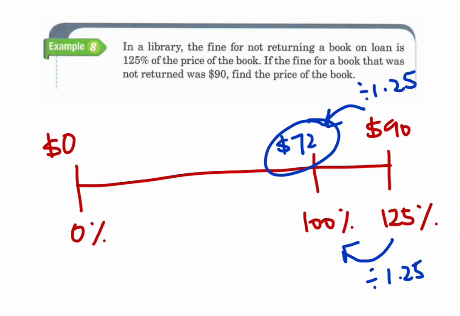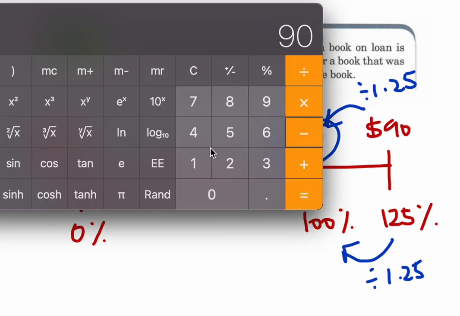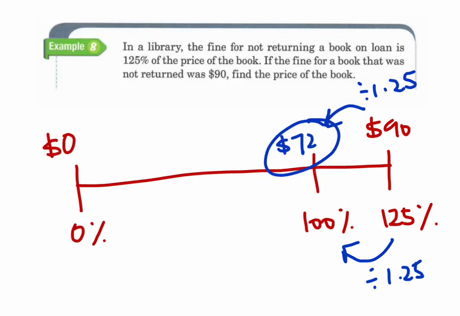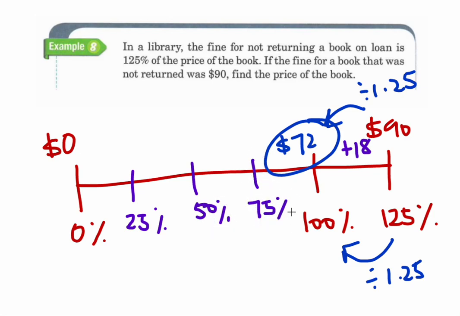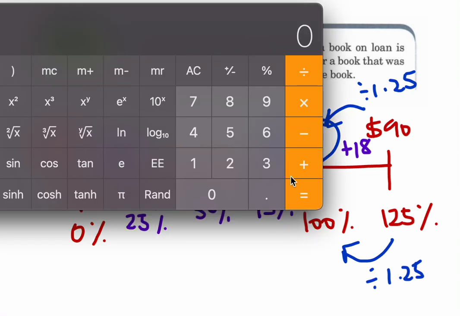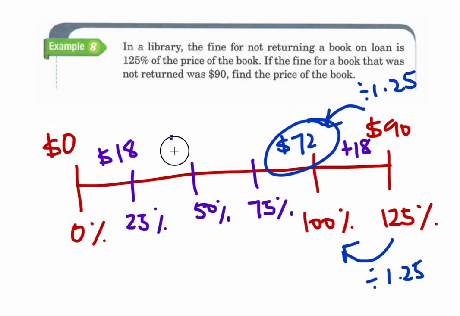Okay, and then you can also figure out, okay, 72 is, let's see, 18 away from 90 when I subtracted them. So each 25%, 25, 50, 75%, should be $18. $18 plus another $18 is $36.